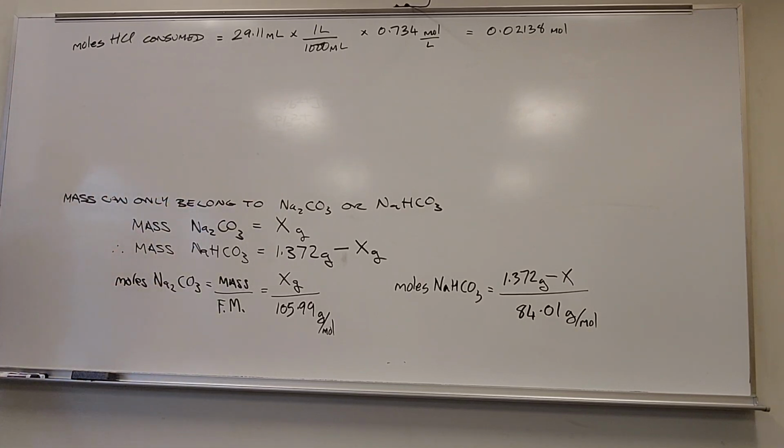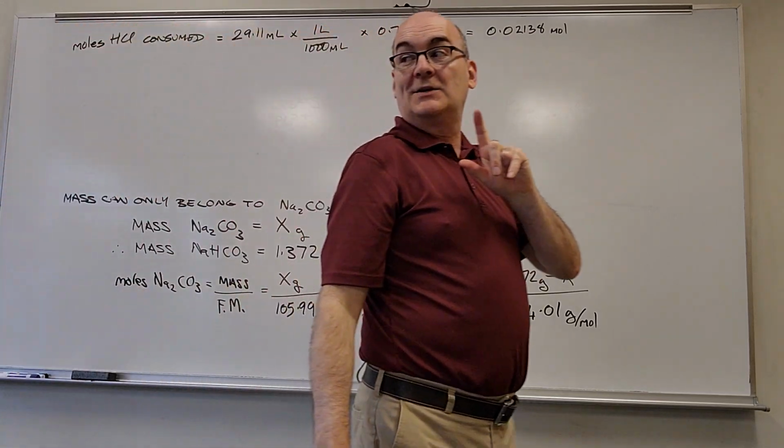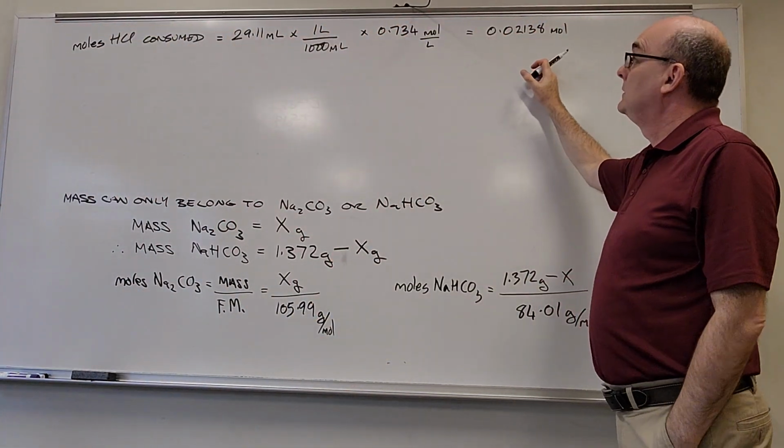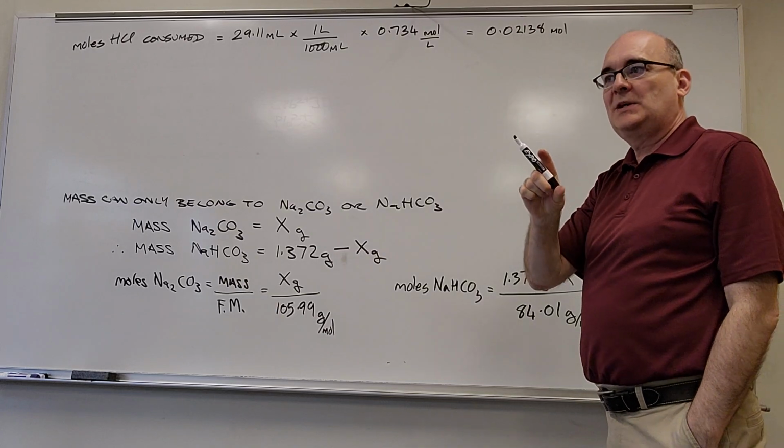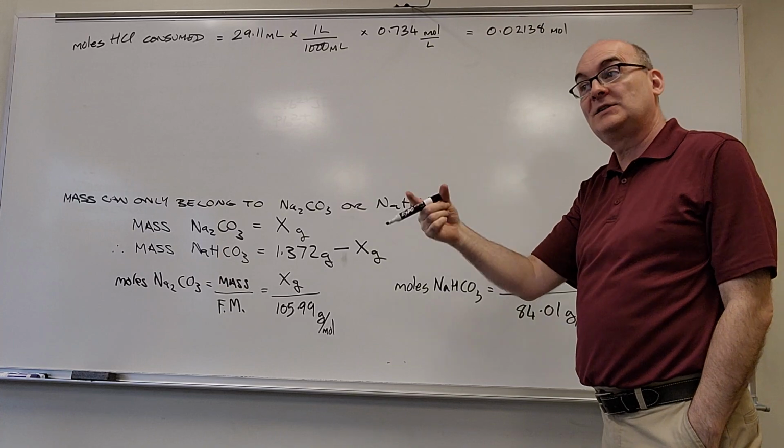So we know a couple of things. If I find one of the numbers, I'll find the other, because there's only two things, and it's either or. They both react with HCl, but not evenly. One of them reacts with HCl twice as much as the other.